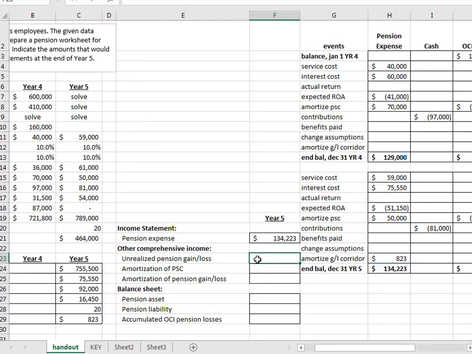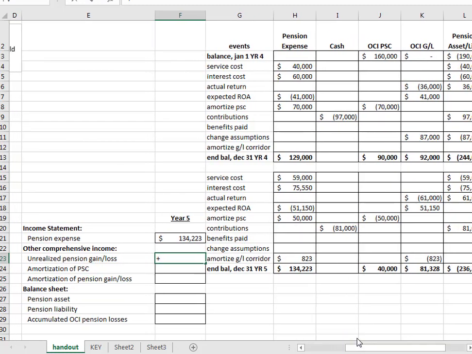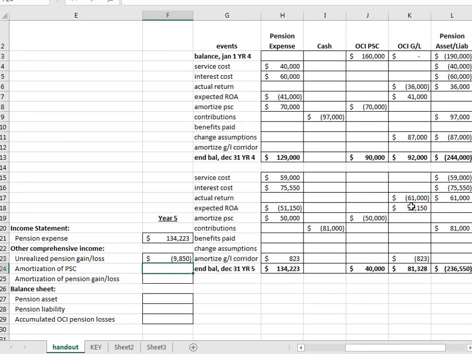And then in other comprehensive income, you get the changes to the accumulated other comprehensive income that are in equity. So we report the incremental increase or decrease to these various accounts. So the increment due to unrealized pension gains and losses, be that net, the amortization of the prior service cost, and it probably wouldn't be reported as a negative number.